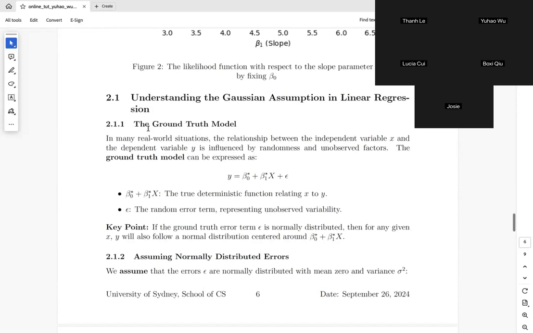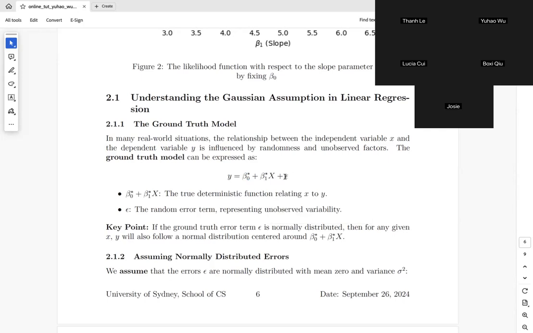For example, if we have a ground truth model in linear regression, our beta 0 and beta 1 are optimal parameters. So beta 0 star plus beta 1 star multiplied by x is a deterministic function. So you input one value and return one specific value.